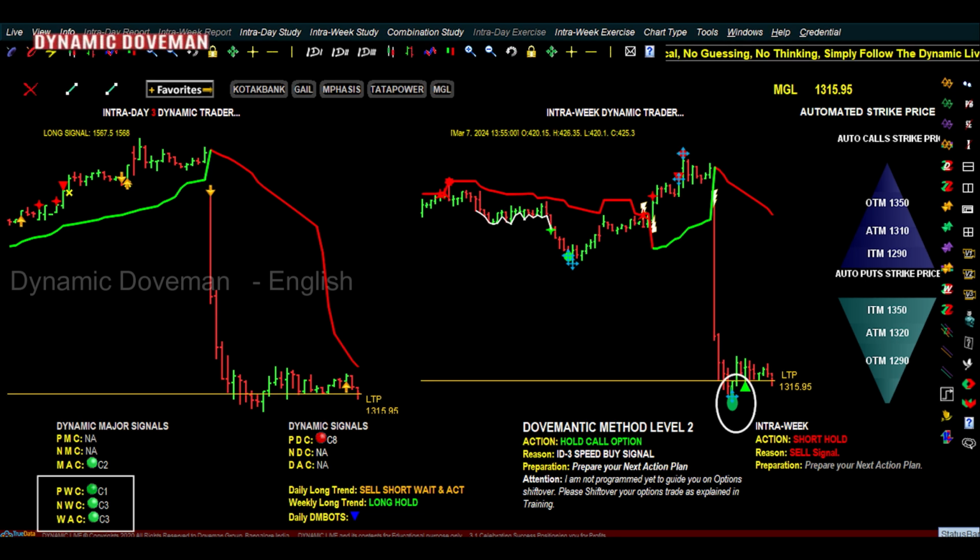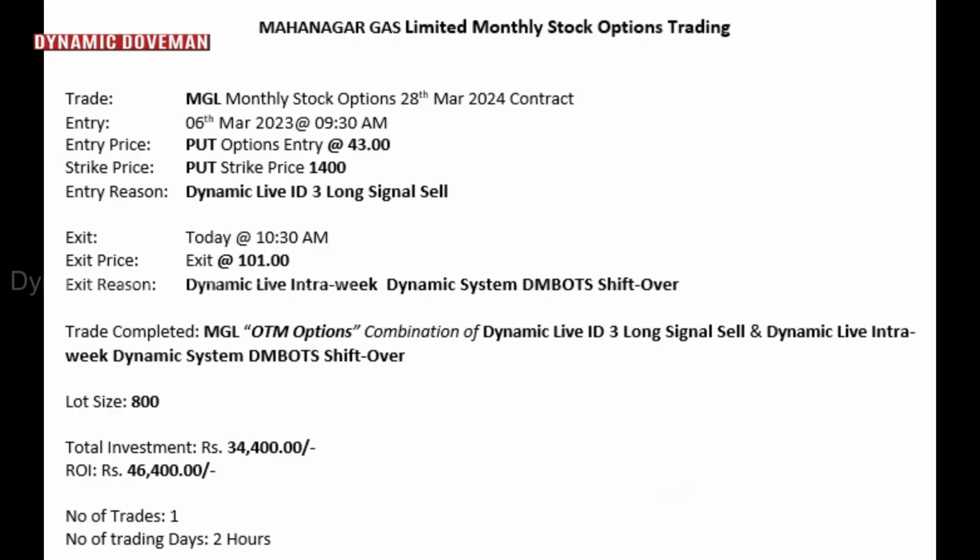Now obviously this is a major dynamic signal. Whenever this appears, it means get ready, the price is likely to take a U-turn. So when the dynamic live is giving us so much information, why wait? Let's secure the profit. When we exit this put option, it is trading at almost 101 rupees. Bought it at 43, now we are exiting at 101 rupees.